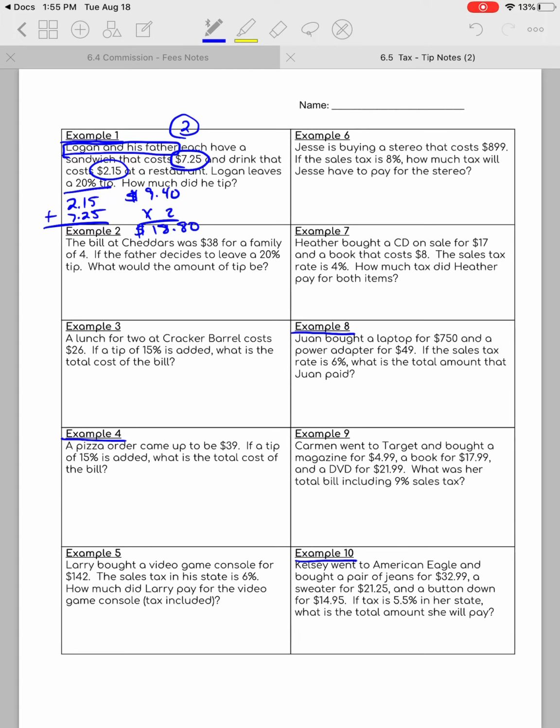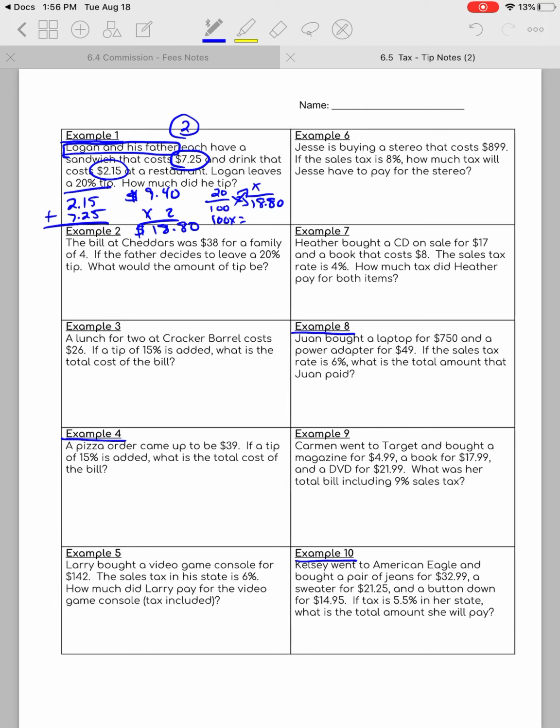But does that answer the question we're looking for? It doesn't, right? We're looking for the tip. What's 20% of $18.80? So 20 over 100 is equal to x over 18.80. Cross, multiply, and divide.